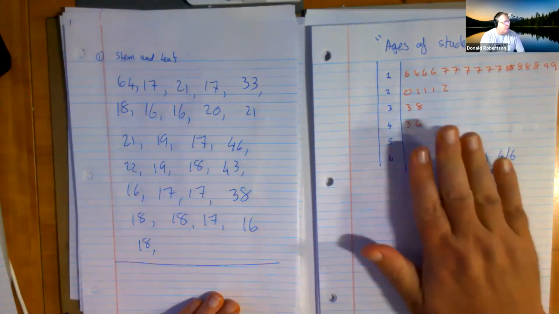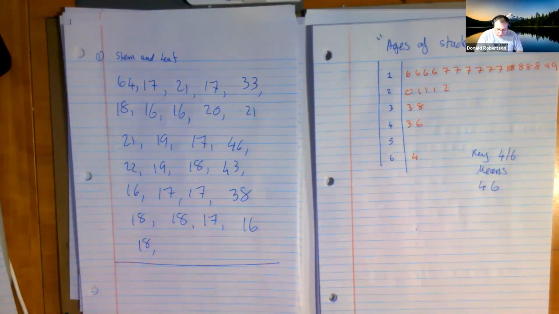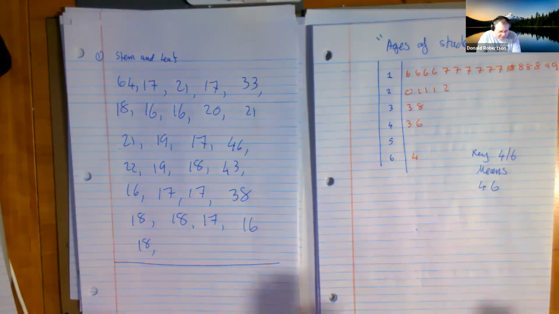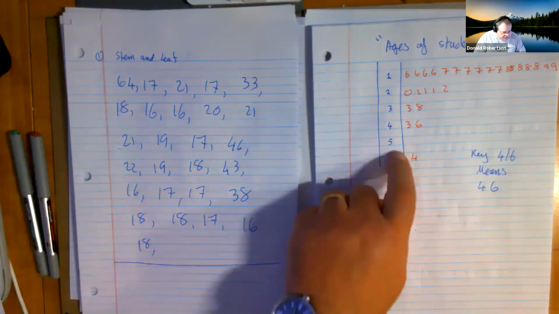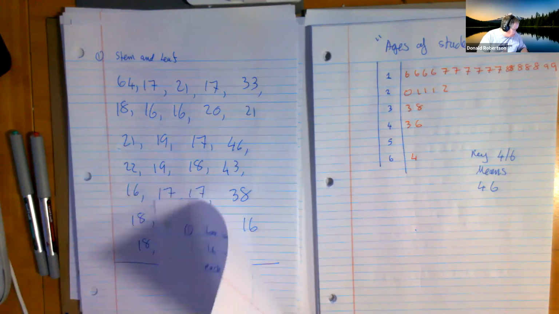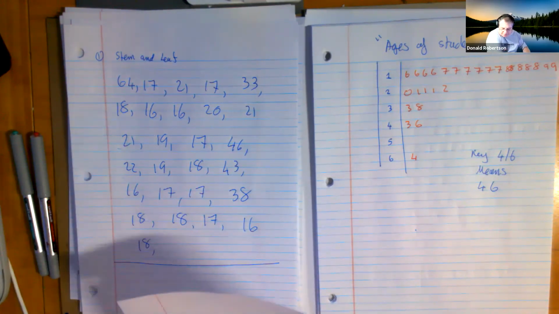And this might well be the first thing you do, because doesn't it allow you to get a visual picture of what your data looks like? What kind of age groups there are. So it's a very useful thing for that one particular situation. This particular version of it has got one row per stem.